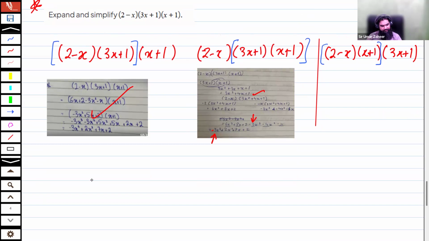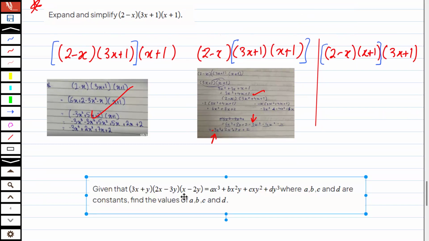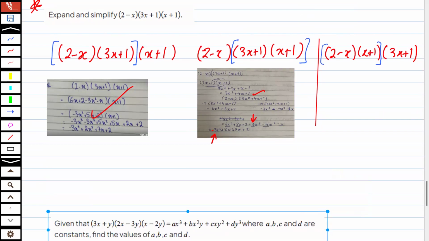Yes, Zimil, you're doing? Sir, I sent the picture. Okay. I did not see it. Did you receive it? No. No.